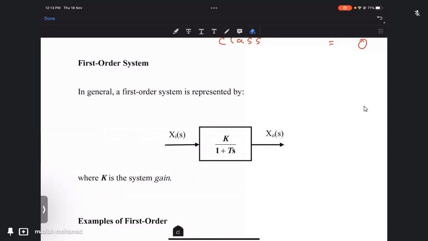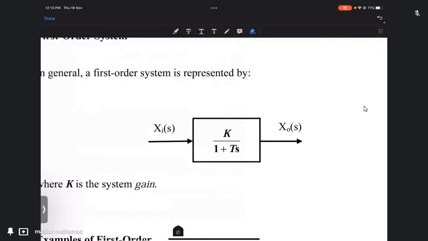After you have learned about first order and second order, if you know the system is first order system, you should know how it will behave. There is a characteristic that you can know about first order system and second order system.